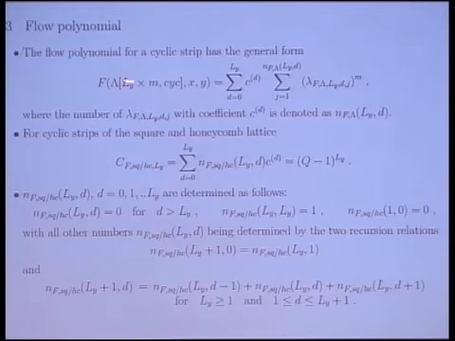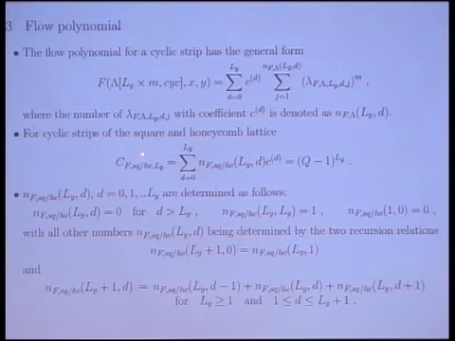We consider again the cyclic strips, so the flow polynomial for a cyclic strip again has this CD as its coefficient and certain lambda raised to the m-th power. Here m is the length of the strip.